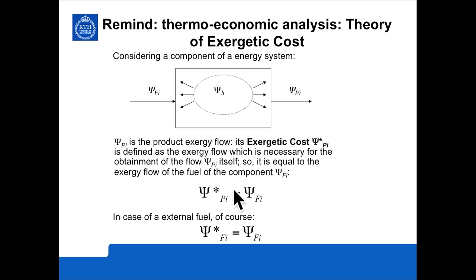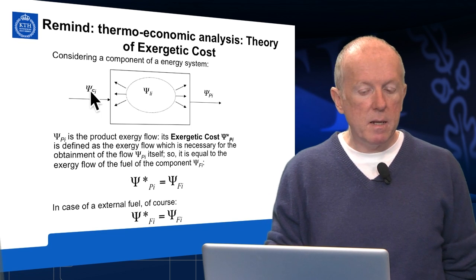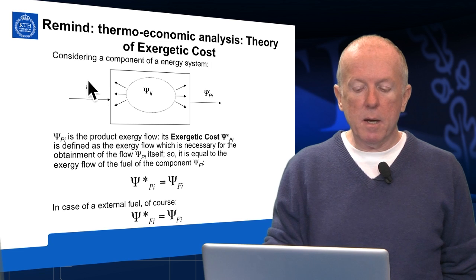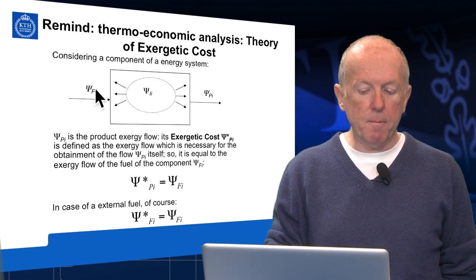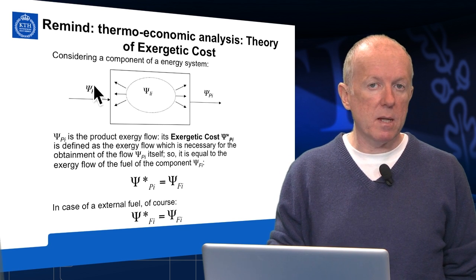So at the end we can say that the exergetic cost of the flow Psi P, the symbol Psi star P, is finally equal to the exergy flow of the fuel of the component, Psi F. If, still in the same component, we consider the inlet flow Psi F, this comes from the external part of the system.